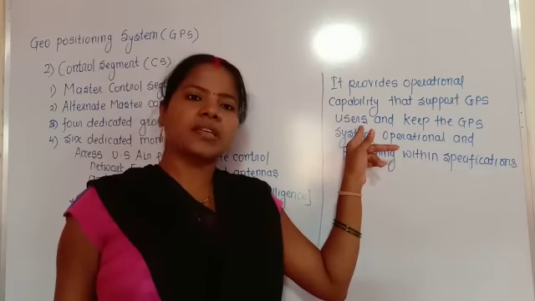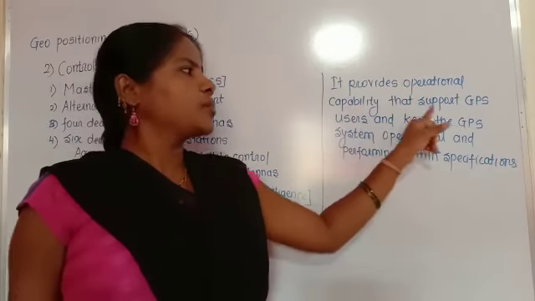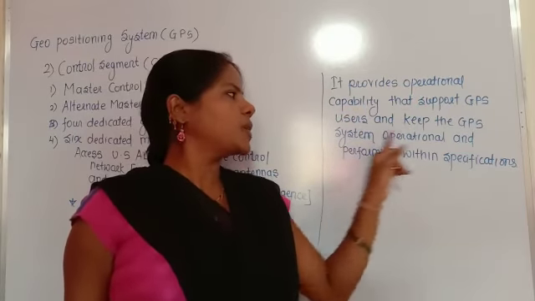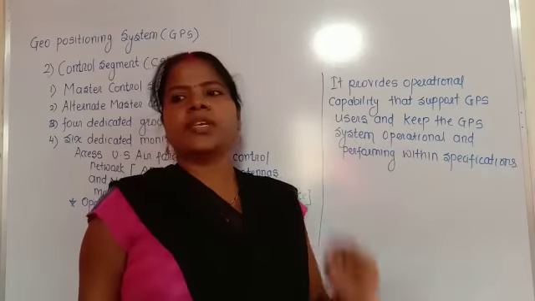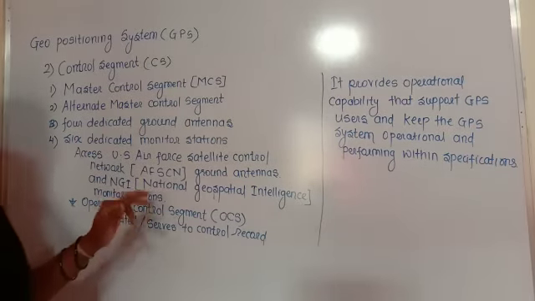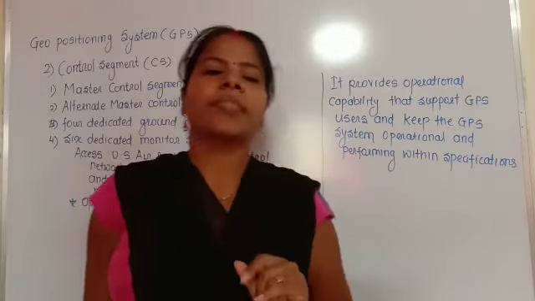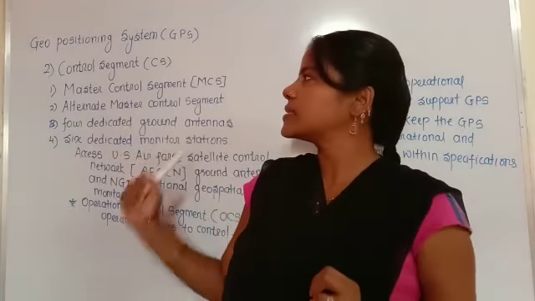So we are the GPS users. It keeps the GPS system operational, active and performing within the specifications. So in this way we complete the working of the control segment.